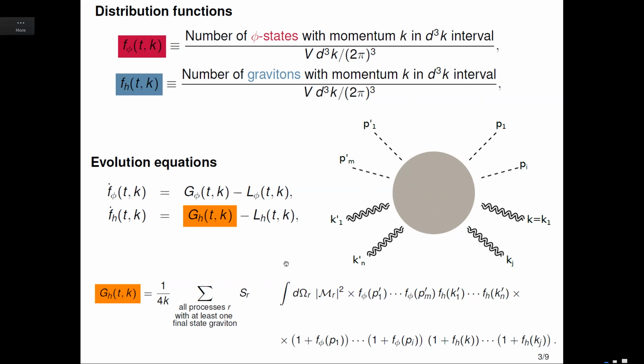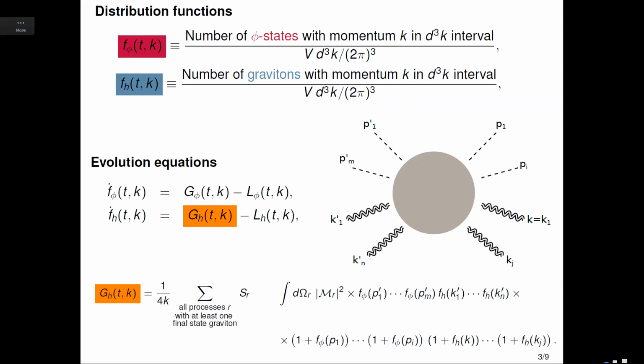However, what we can do in our case is obtain a perturbative solution. The perturbative solution works as follows. We say that the zeroth order solution for the phi distribution function is a Bose-Einstein distribution function, which basically means that this is in thermal equilibrium.